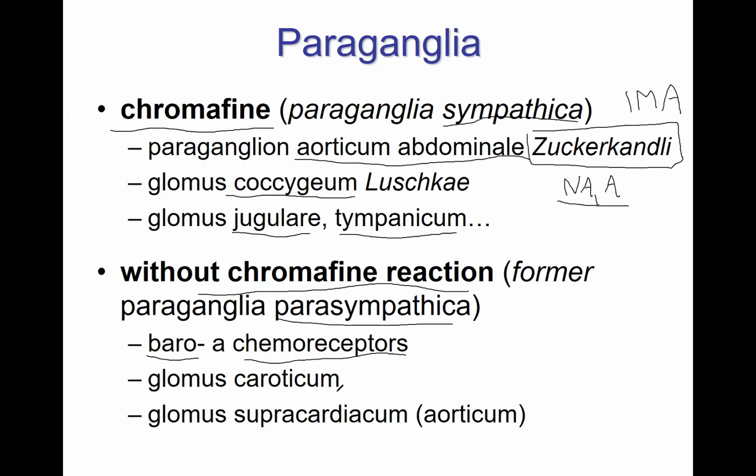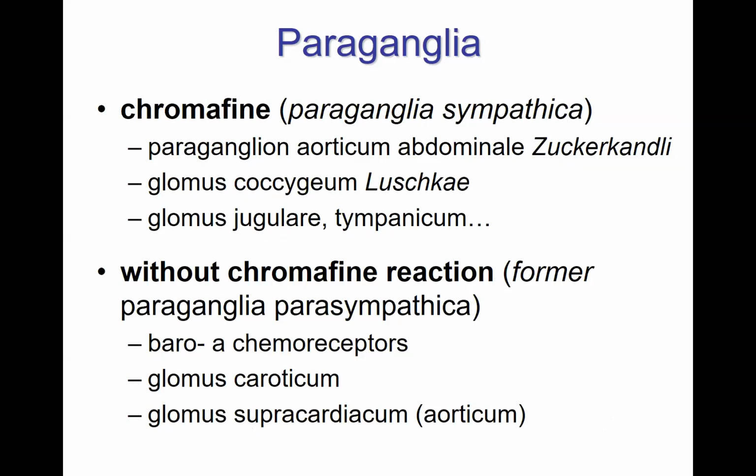One is called the carotid glomus, and it's within the bifurcation of the carotid artery, and the other is called supracardiac or aortic, and is inside the aortic arch. Yeah? So these are chemo and baroreceptors. Again, they can change into tumors. Rarely, but they can.